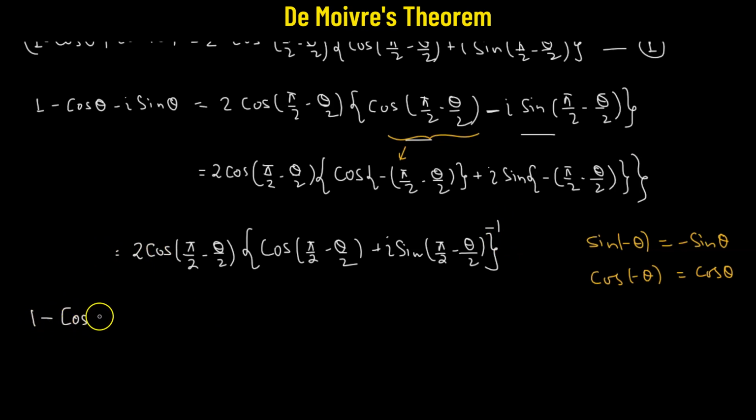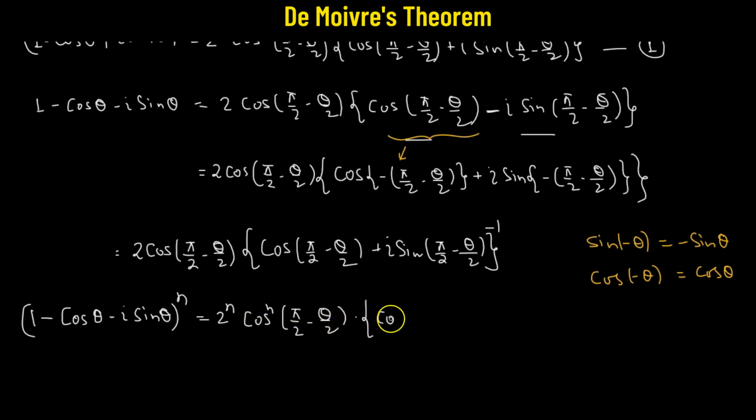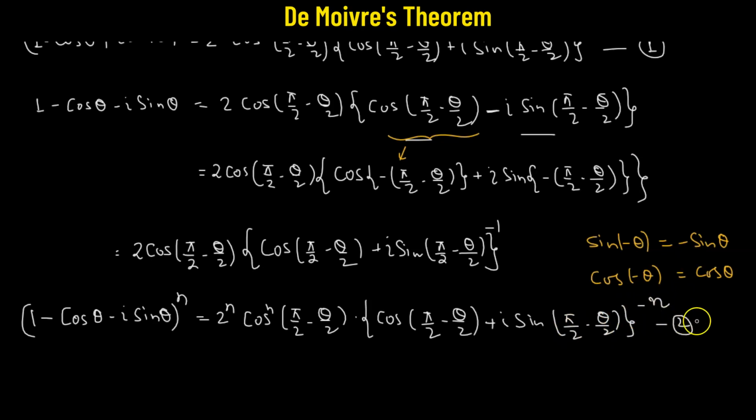So (1 minus cosine theta minus iota times sine theta) raised to the power of n equals 2 raised to the power of n times cosine raised to the power of n of (pi over 2 minus theta over 2) multiplied to (cosine of (pi over 2 minus theta over 2) plus iota times sine of (pi over 2 minus theta over 2)) whole raised to the power of negative n. We'll label this as number 2.